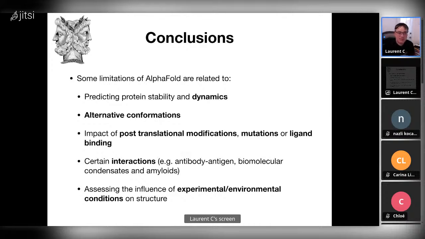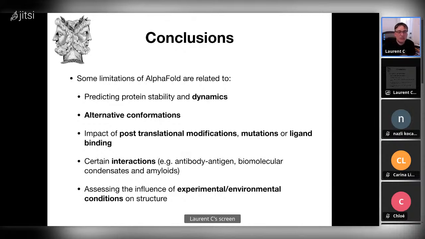It still has a limited capacity to deal with post-translational modification, mutations, or ligands. And we know that for certain interactions, the models are likely not to be as good as for the rest of the protein. For example, for antibody-antigen interaction, the quality of the prediction is still pretty low compared to other forms of predictions.